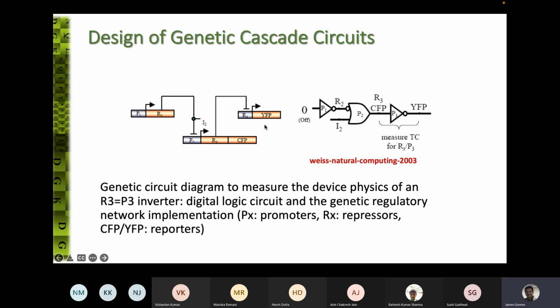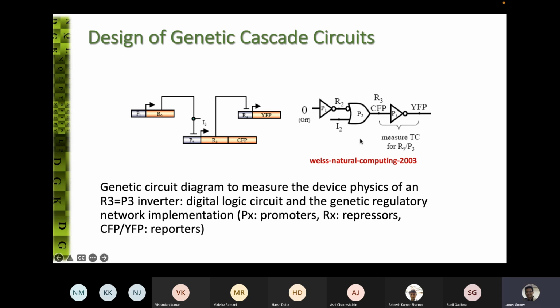So when I2 works on this signal here, it will give you the cyan fluorescence protein, which is R3. Then R3 will directly work on yellow fluorescence protein, but this is an inverted signal again, because if R3 is high, you have a low yellow fluorescence, and if R3 is low, you get a high.